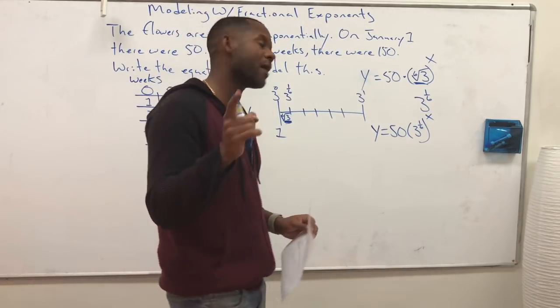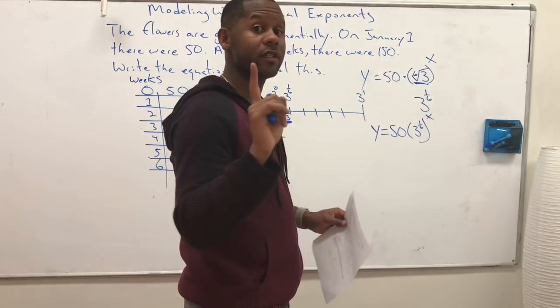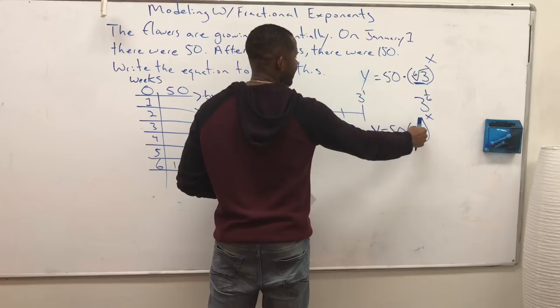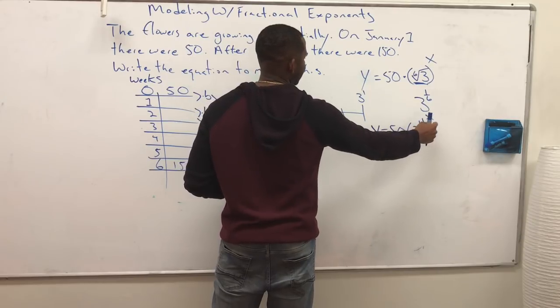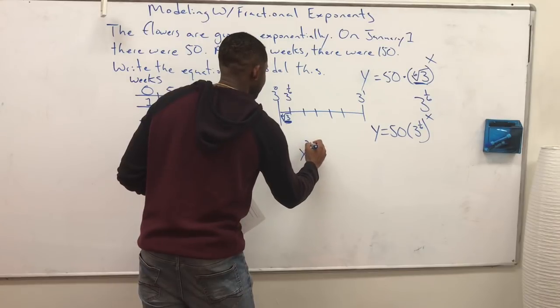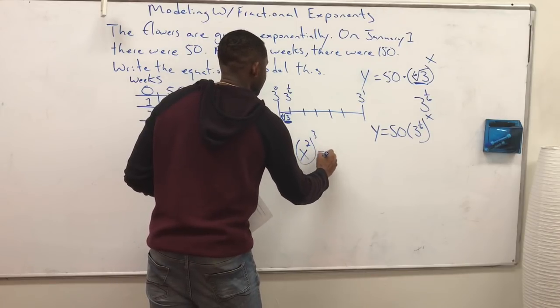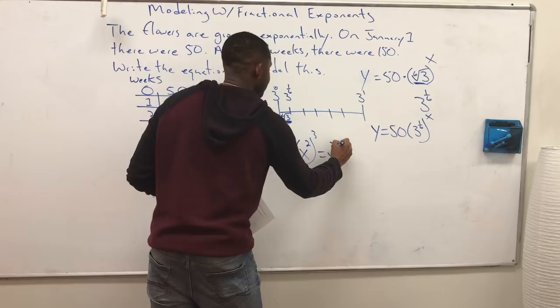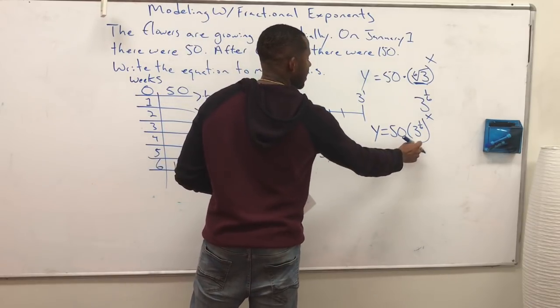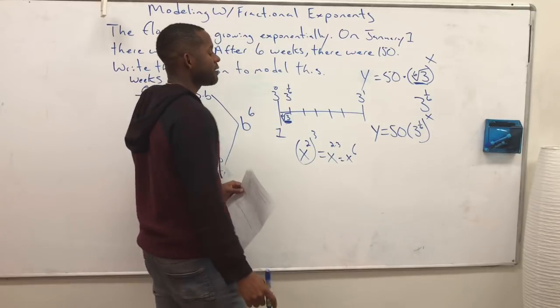And I have to use my properties one more time now, because I don't really want this inside of here. This doesn't make a lot of sense. What if I said I had x squared to the third, that equals x to the 2 times 3, which is really x to the 6th. I'm going to use the same idea here.